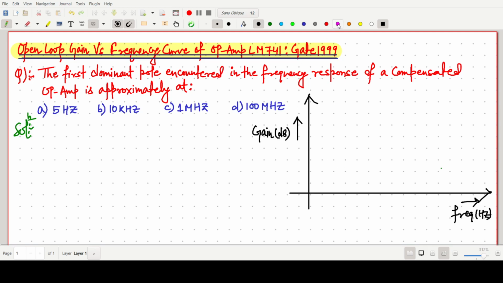Because if you know the frequency response, you can easily tell the answer of this question. The frequency response looks like a low pass structure, like that.